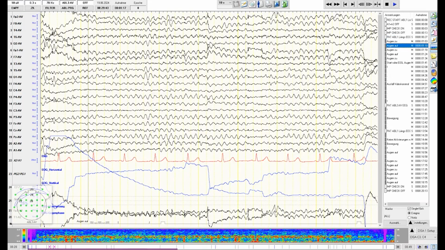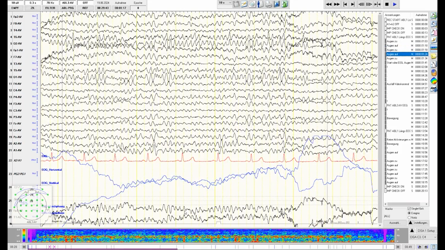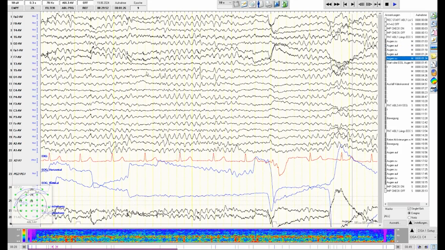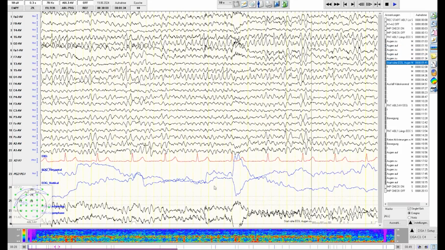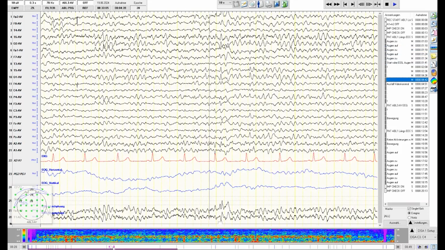We continue to scroll through that. What we are looking for before doing clozapine are so-called ETPs, epilepsy typical potentials, and we'll try to find them. Due to the lack of time for today, I will just switch and go to some parts where we can see something that is suspicious.